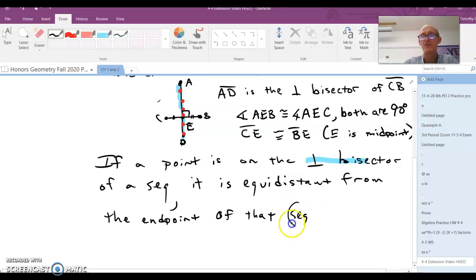Now I like to call this segment the bisectee. I like to call that the bisectee. So the segment being bisected, if any point along the perpendicular bisector, is equidistant.